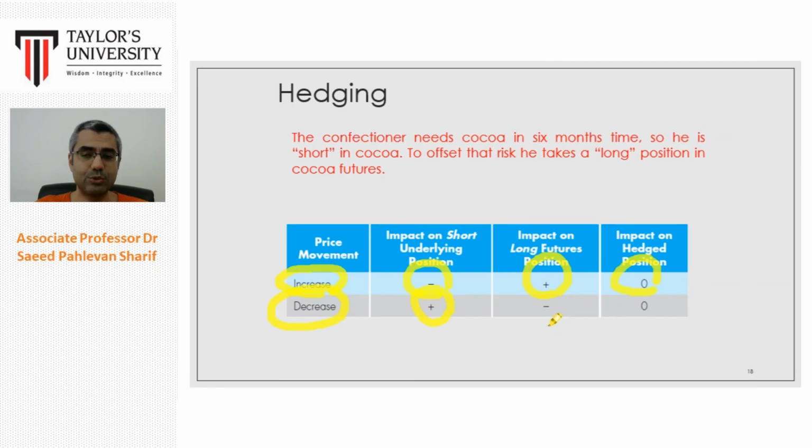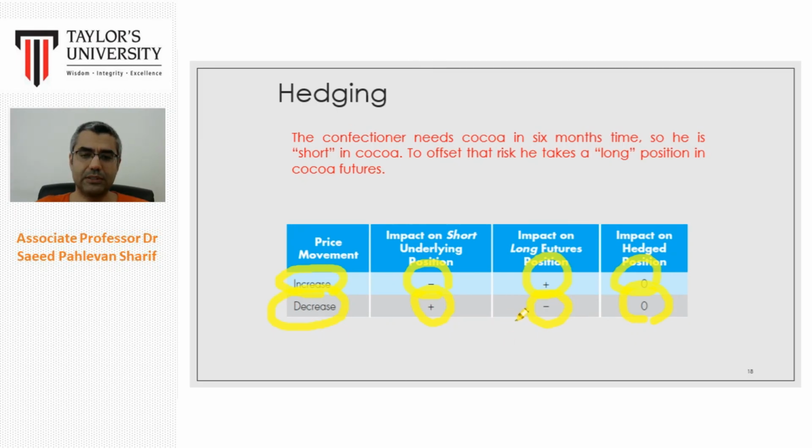So it's bad news for the confectioner, right? Because he can go to the market and buy it cheaper, but based on this contract, he has to buy it at 100 ringgit. So negative impact on the value of this position. So this positive and negative will cancel out each other and the confectioner won't be affected.